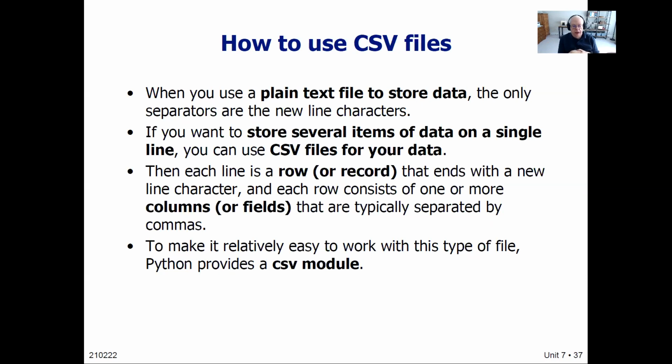For us to process that, we're going to have to use the CSV module. But just realize in a CSV file, each line is considered a record, and each one of those commas separates the data into fields or columns.